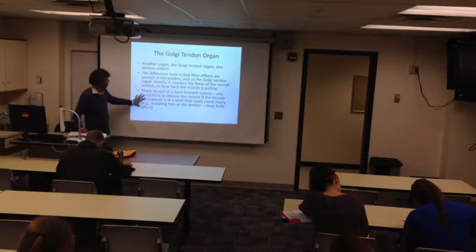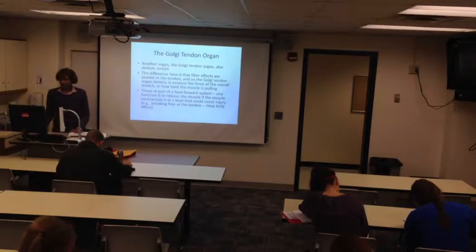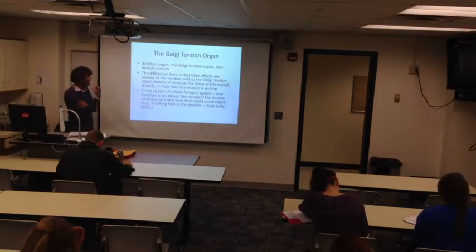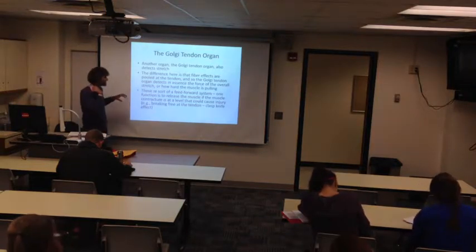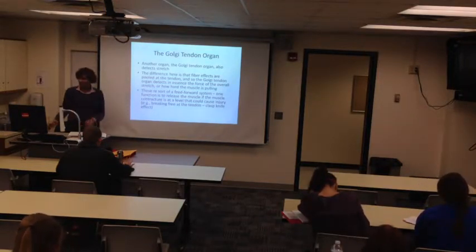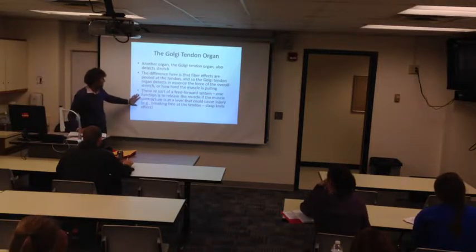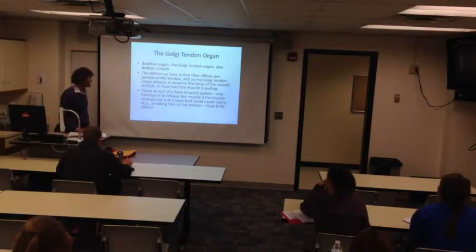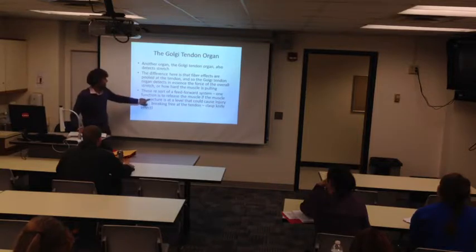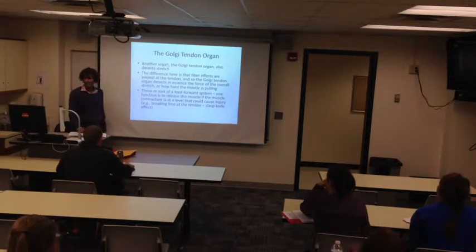And this acts as a feed-forward system, meaning as the muscle is stretching, the Golgi system fires, in advance of the muscle contracting strongly. So one function of this is to protect from injury. And so for instance, if a muscle is pulling very hard, it could pull free from the tendon.